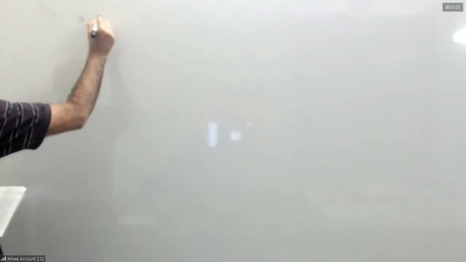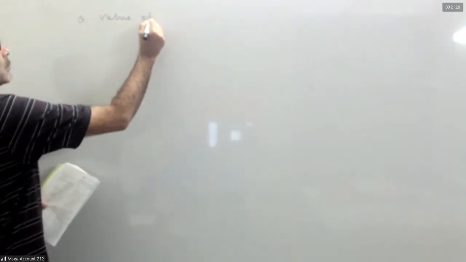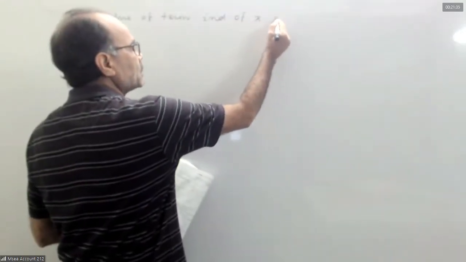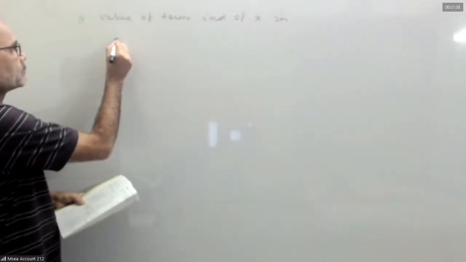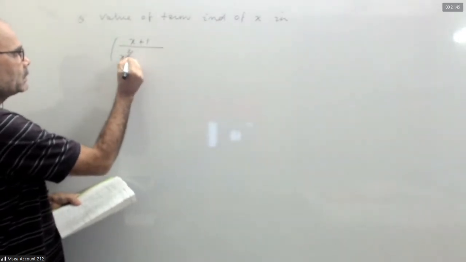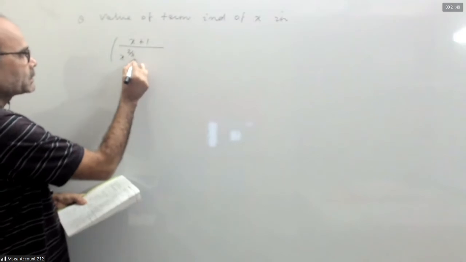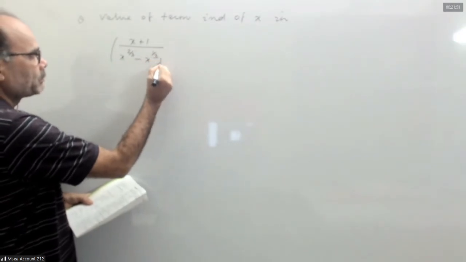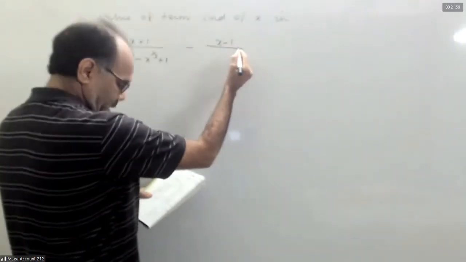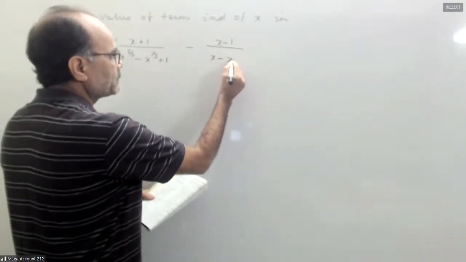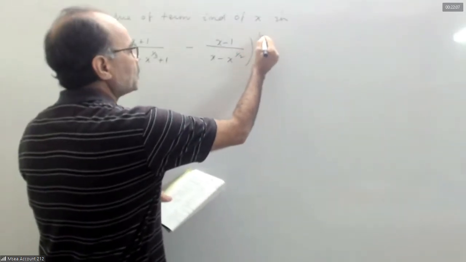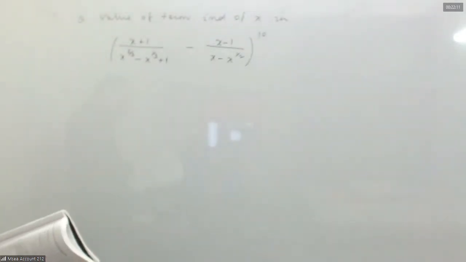Question is: value of the term independent of x in (x plus 1 by x to the power 2 by 3 minus x to the power 1 by 3 plus 1 minus x minus 1 divided by x minus x to the power 1 by 2) to the power n.